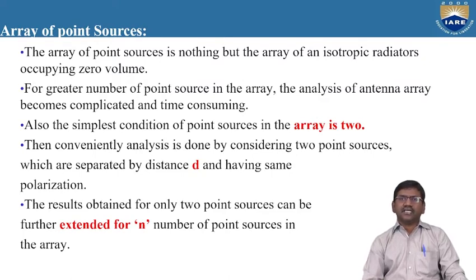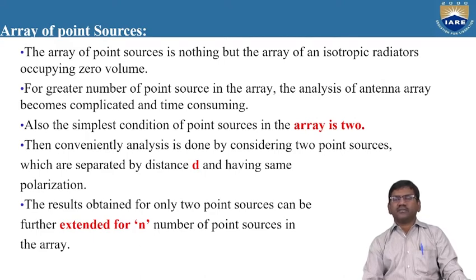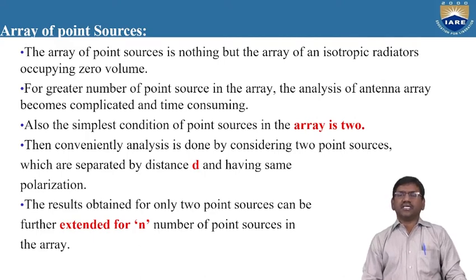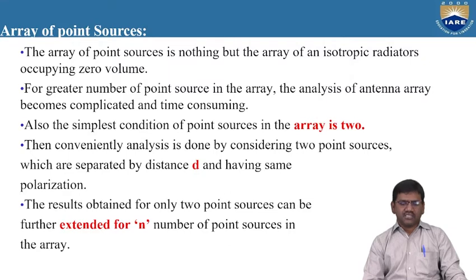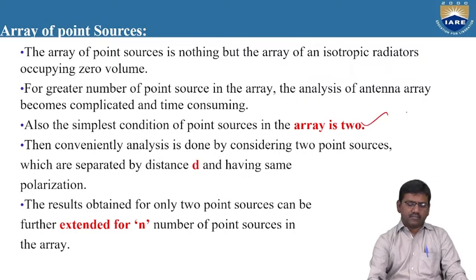So let us take a general example for simplification of the mathematical analysis: only 2 point sources in an array. The simplest condition of point sources in the array is 2.